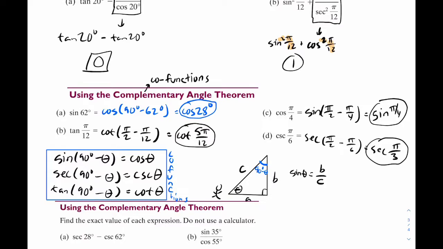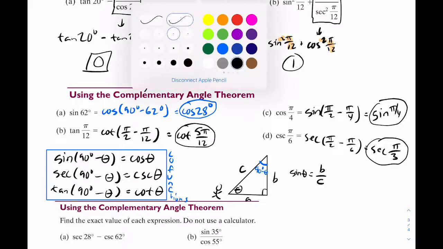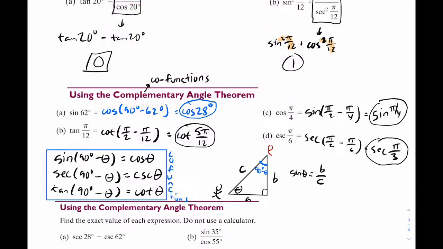And if I change my perspective, if I were to make another stick figure over here at 90 minus theta, I could say, well, cosine of 90 minus theta, that's equal to B over C. Therefore, these two things must be equal. Sine theta must be cosine of 90 minus theta. That's a very simple way to prove it. And again, all you're doing is moving your stick figure around in your same triangle.